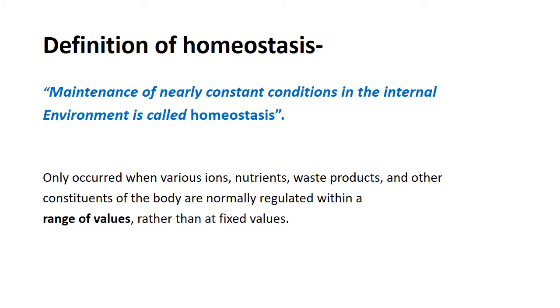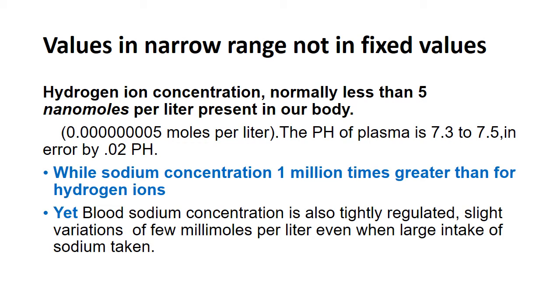So we must remember values in a range form, not fixed values. An example is hydrogen concentration, normally less than 5 nanomoles per liter present in our body.